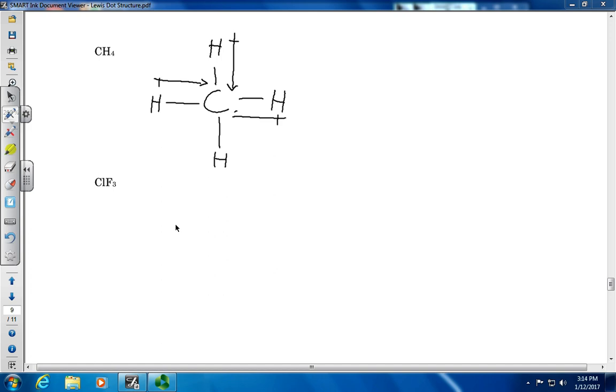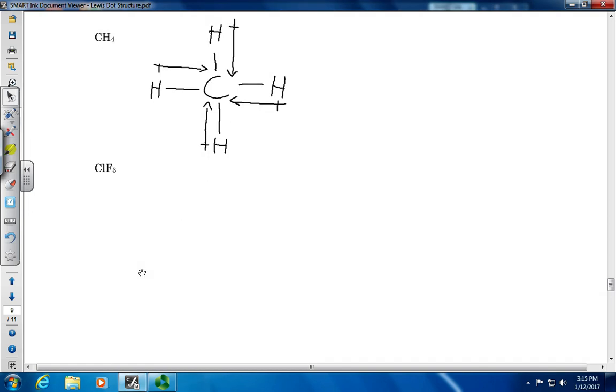And while you may have a slightly polar bond, ultimately, because they're all in opposition, they're all facing toward the same area, they're all doing it equally spaced apart, the result is it cancels, and just like with CO2, you have a nonpolar molecule.